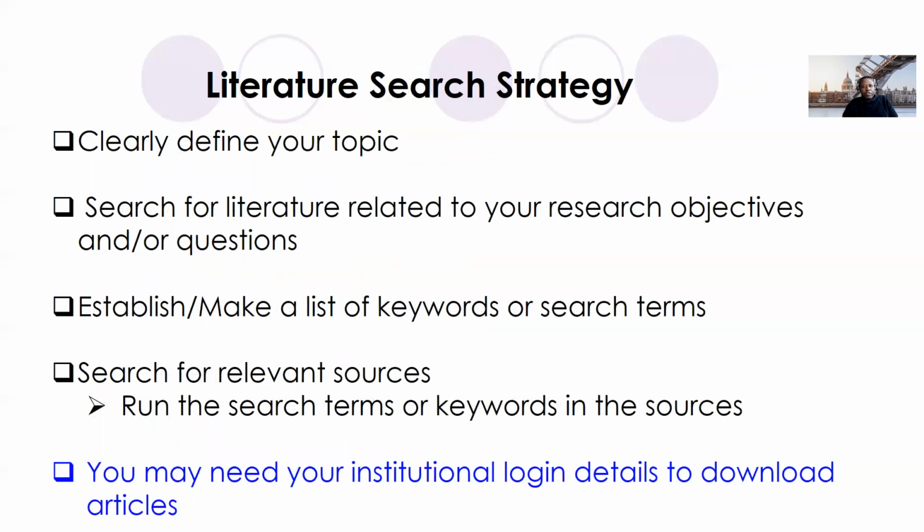And the search strategy consists of defining your topic, searching for literature that's relevant to your research objectives or questions, making a list of search terms, then searching for the relevant sources, which entails running search terms or keywords in the database. You may need your institutional login details to download some of the articles if they are not open source.